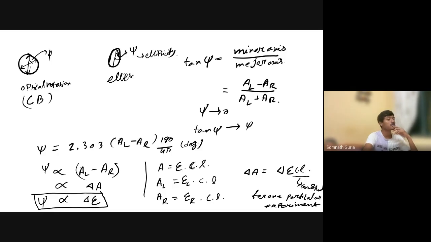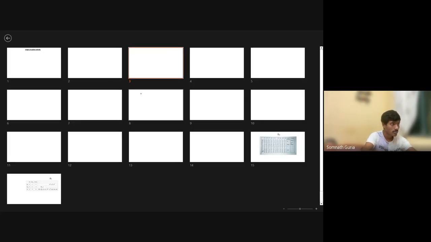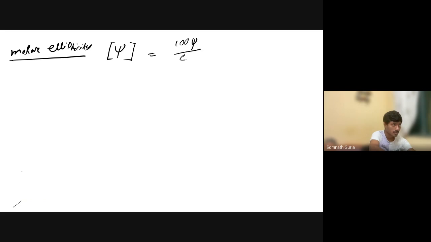Now there is another term called molar ellipticity, which is denoted as psi, and it is related to the ellipticity, 100 psi divided by C L, which is actually 3300 delta epsilon.